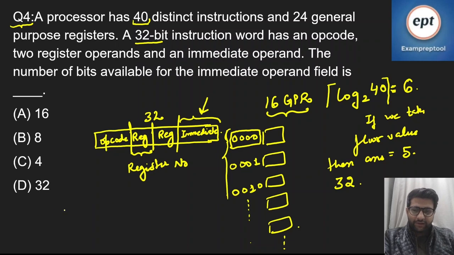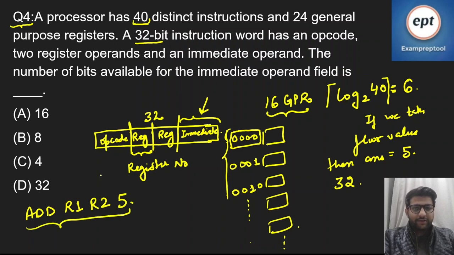So let's say the instruction is add R1, R2 and let's say 5. This is the instruction that is described here, right? This is the register R1 and this is the register R2.